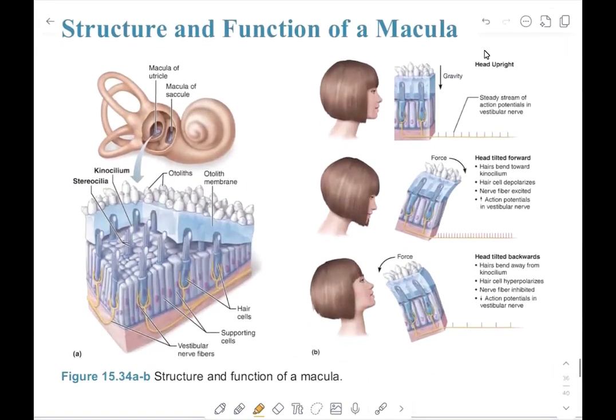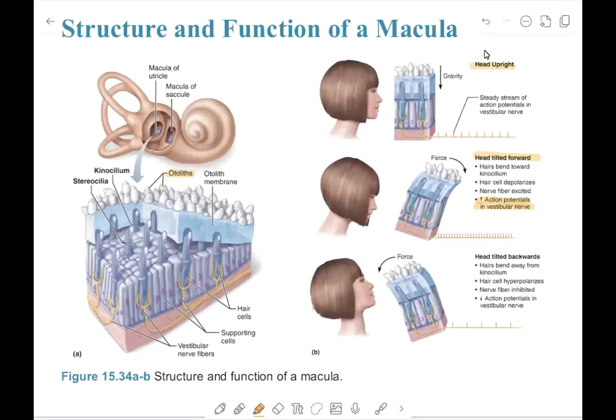So this shows a little better example of this movement. This is what we call the vestibular system. And here's the otoliths, the calcium containing structures, and they're going to respond by movement of your head. So here on the right-hand side, we see the head upright or the head tilted forward. When it's tilted forward, that excites action potentials along the vestibular nerve.